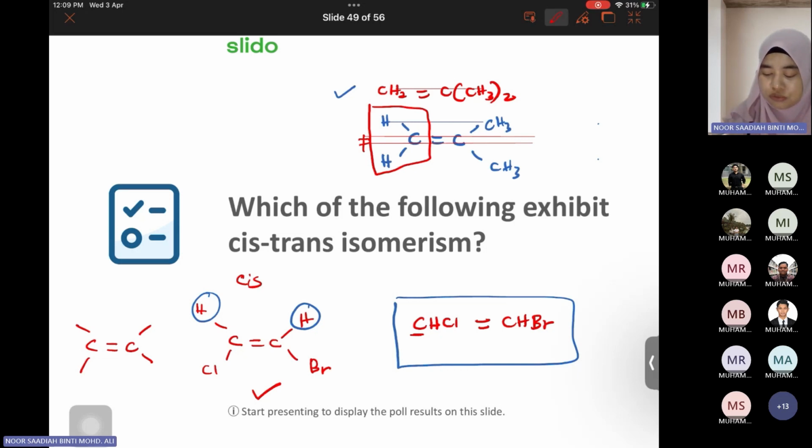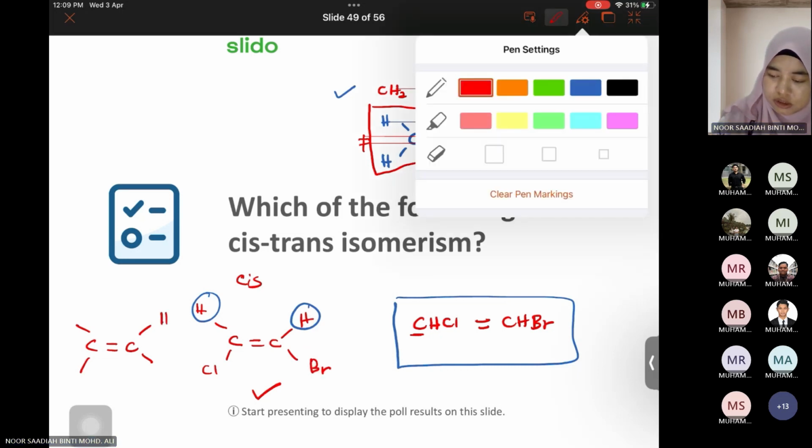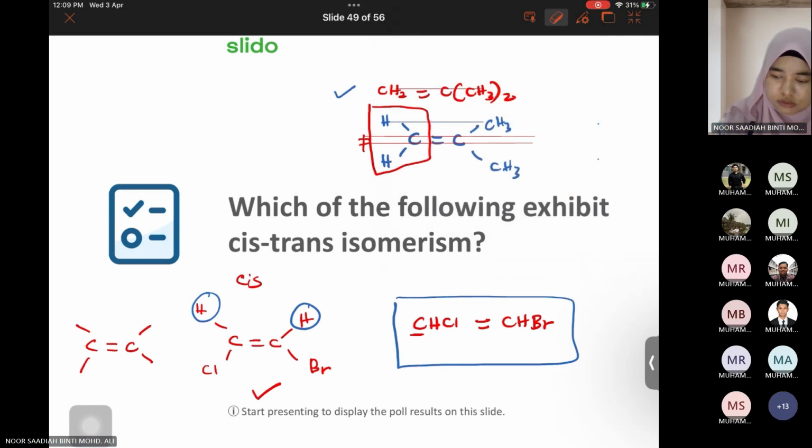So let's say you choose to rotate this carbon. So this one, you have Br ke atas and hydrogen kat bawah. Another carbon remains as it is. Jangan tukar, kalau tukar sekali lagi, sama pula, cis je. And this is called trans because the hydrogen now located on opposite side.